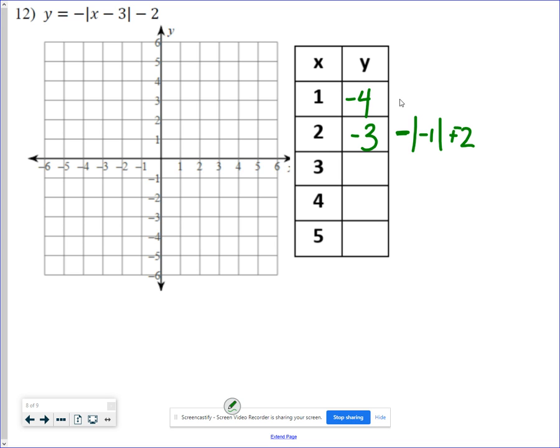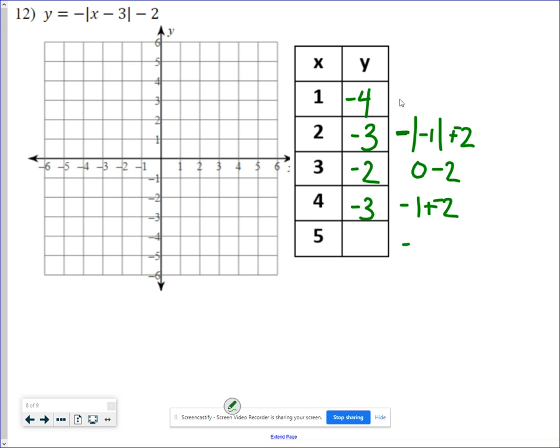When I put in a 3, 3 minus 3 is 0. The negative out in front is still just 0. So I'm going to have 0 minus 2, which is going to be -2. When I put in a 4, 4 minus 3 is 1. The absolute value is 1, but I'll have the negative out in front. So -1 minus 2 is -3. When I put in the 5, 5 minus 3 is 2.